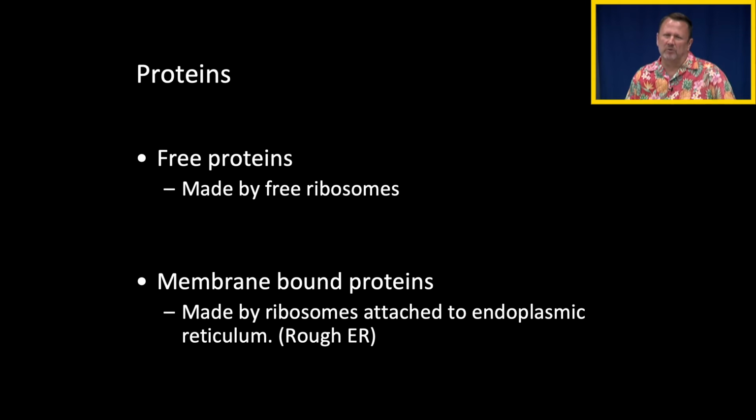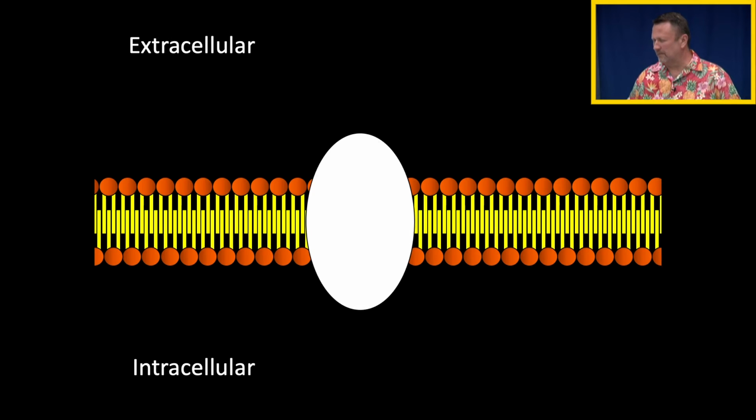We'll talk about free proteins that are made by free ribosomes, but we're also going to spend a lot of time talking about membrane-bound proteins. And again, those are made by ribosomes in the rough endoplasmic reticulum. So again, by convention, I'll use this cartoon a lot in the pharmacology class. This is a protein.